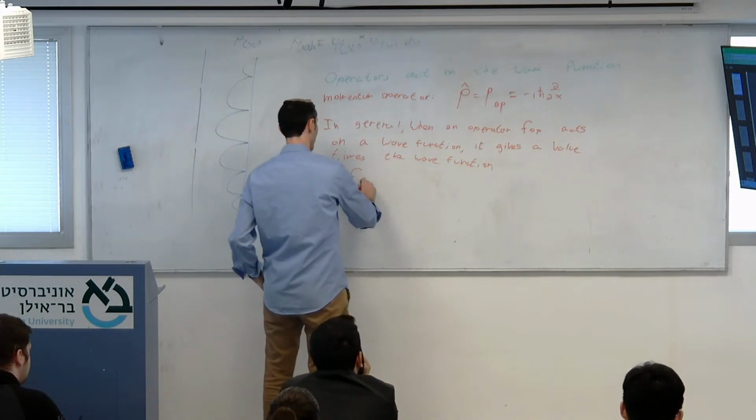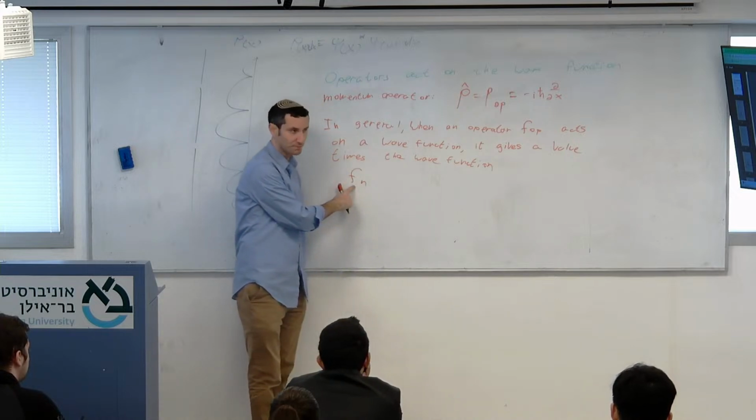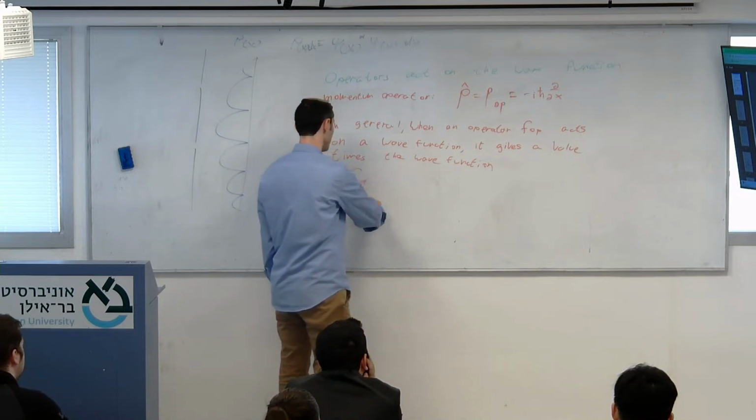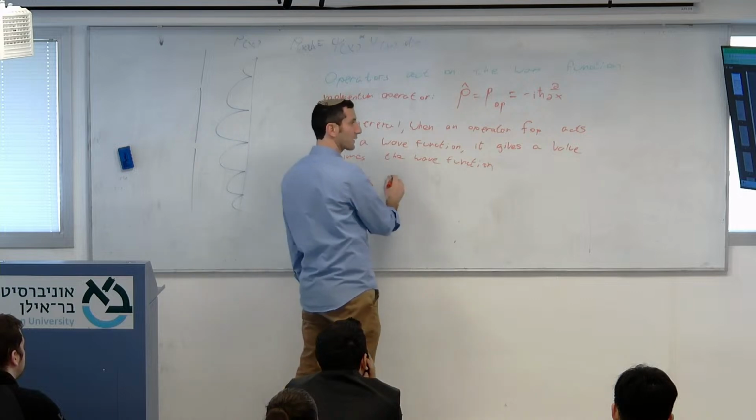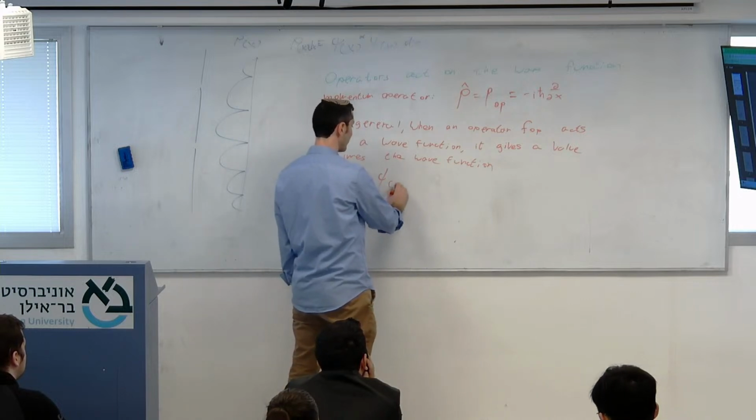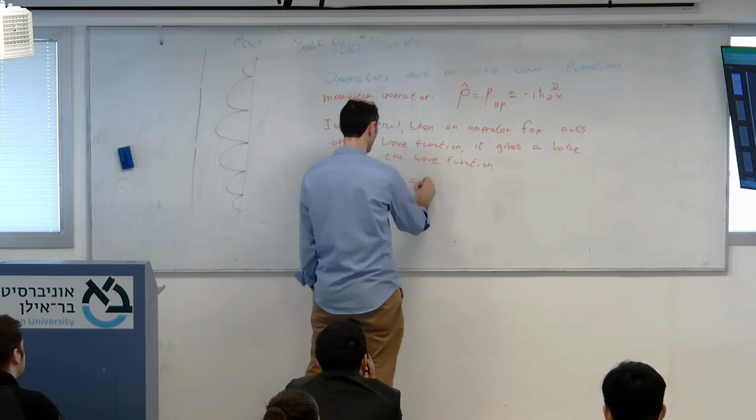So this is an operator. It acts on a certain function, phi of x. It is going to give me a certain value.